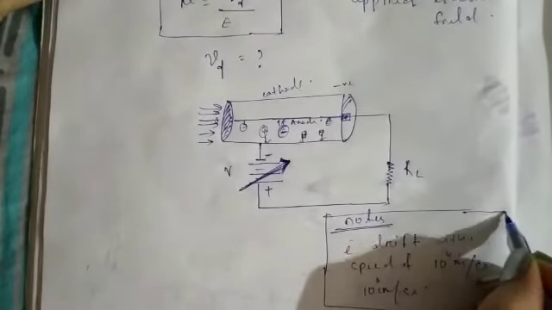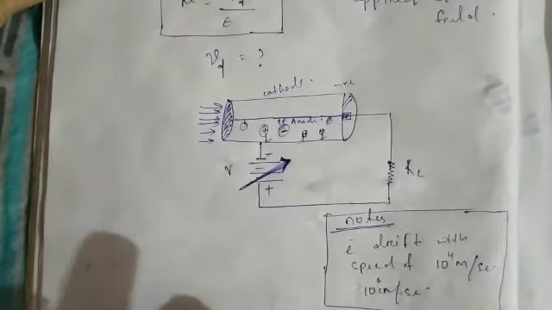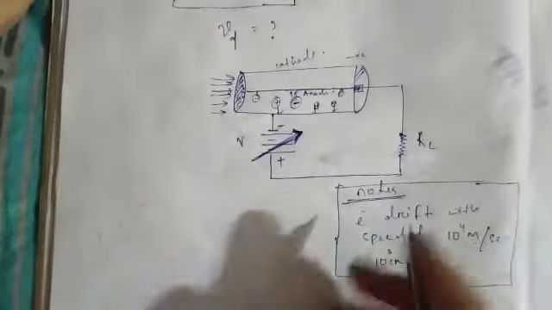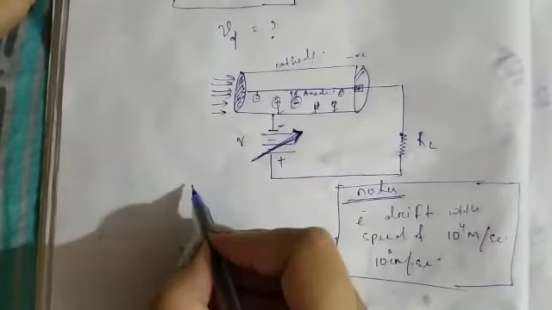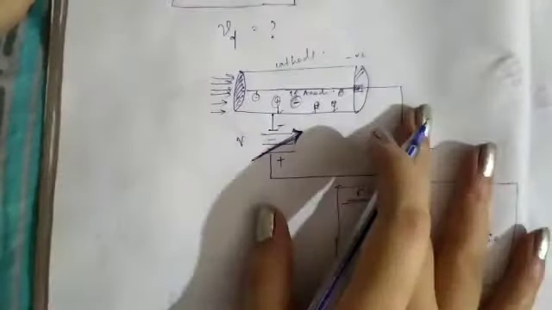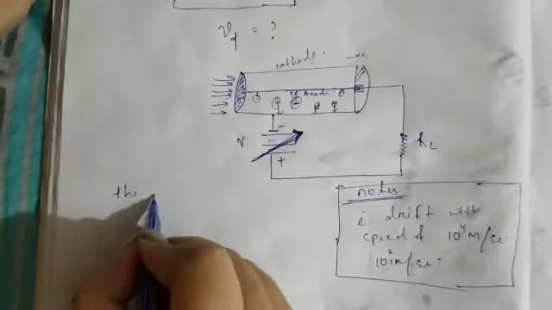This is the rate of drift velocity of electron. If you consider the case of ions, the drift speed of electron is 1000 times greater than that of the positive ions.